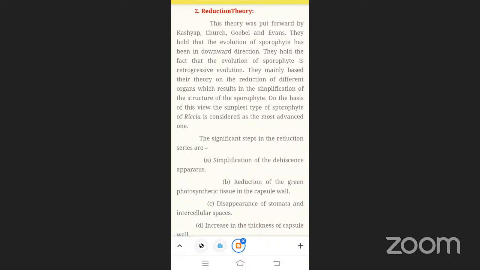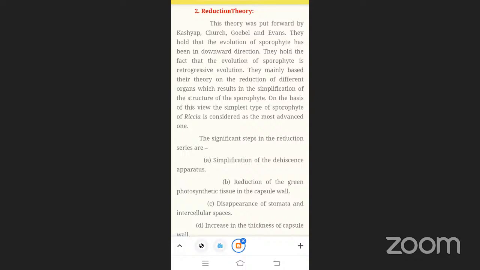Okay, Nandi. So based on the sterilization theory, which sporophyte is the primitive one? Riccia.